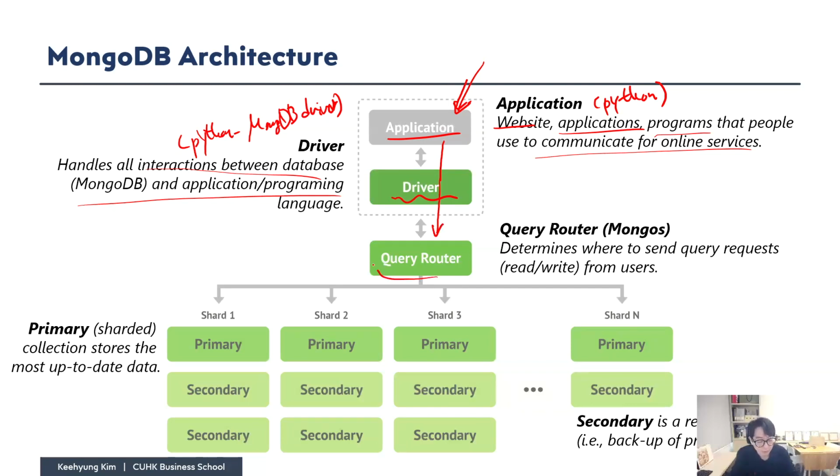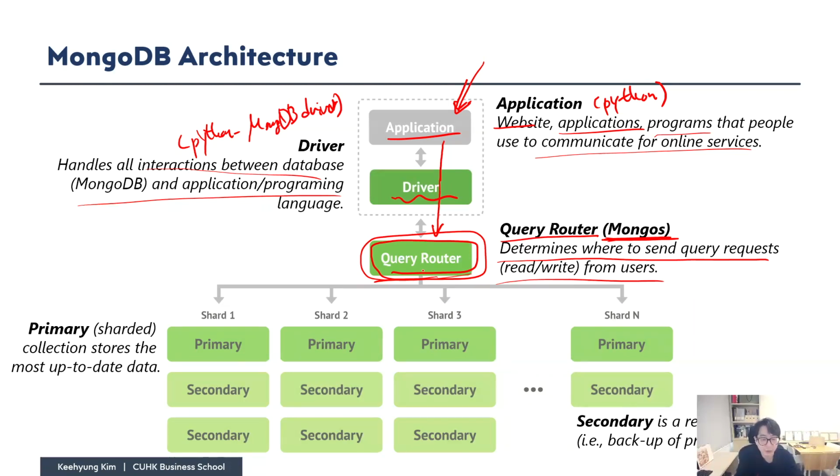And we have something called the query router here. The query router in MongoDB, we also call a MongoS. And this determines where to send the query request from the user. So basically, the query router is the main MongoDB server which receives a request from the user, like a query. And then this query router determines where to send your request, because you will have multiple servers containing different parts of information.